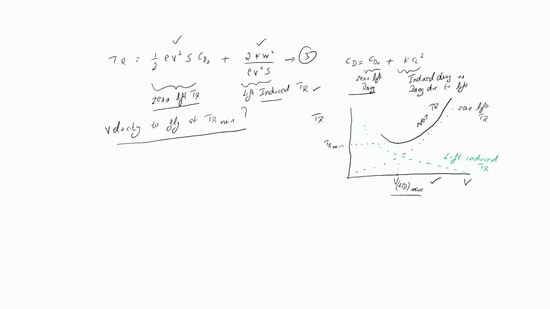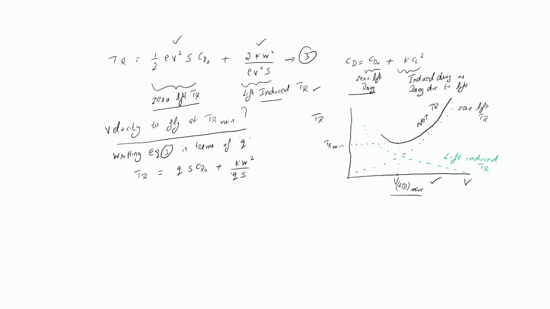Alright, now we will be writing this equation first of all in terms of q. Writing equation 3 in terms of q. Why am I writing in terms of q? Actually it becomes easier to do the differentiation of this equation. Okay, so first of all let me write this: thrust required equals to q s c d naught plus kw square by qs.